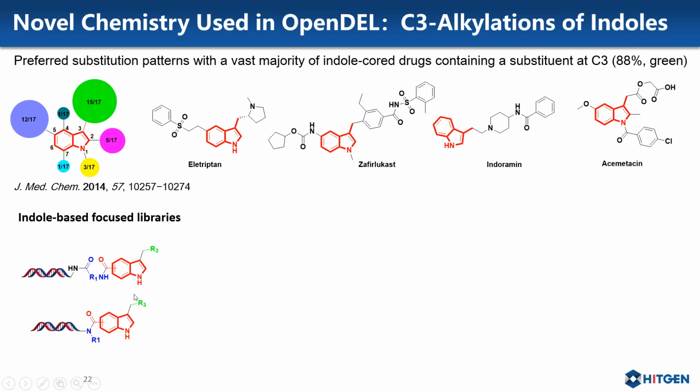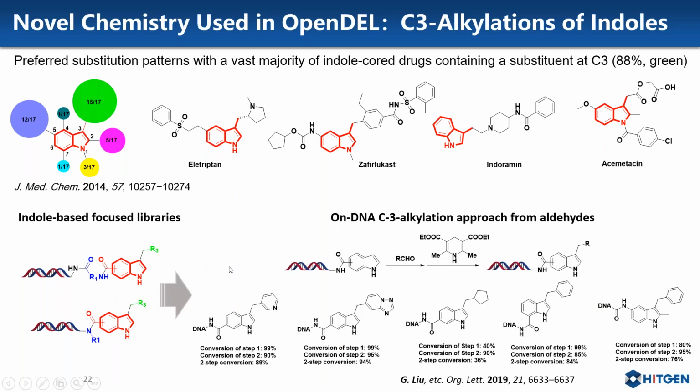Here are some of the examples we have already put into the OpenDEL kits. This is a 3-position modification focused indole library. Before that, we didn't have that kind of chemistry available for library construction. Then we developed this chemistry and published it in 2019 in Organic Letters. We use a 2-step chemical conversion.